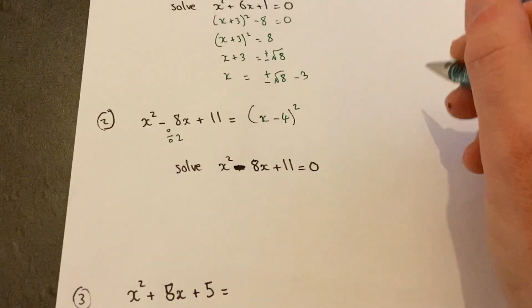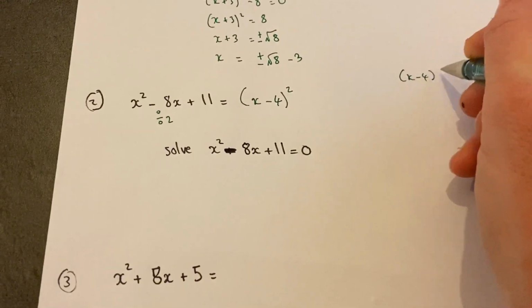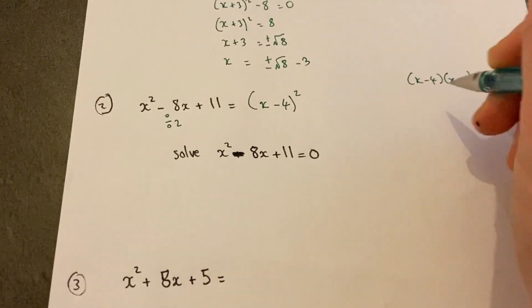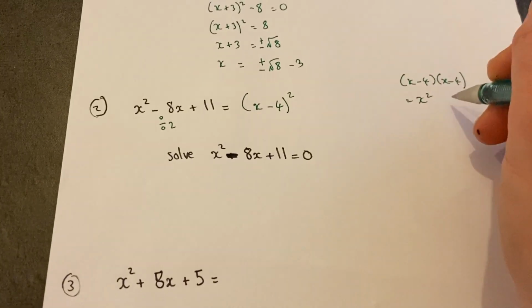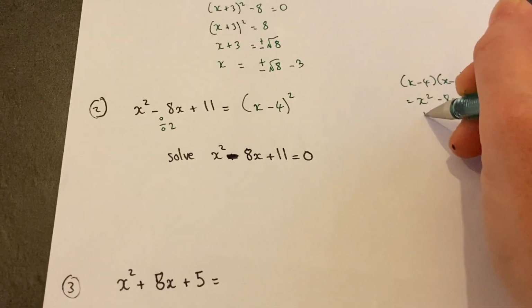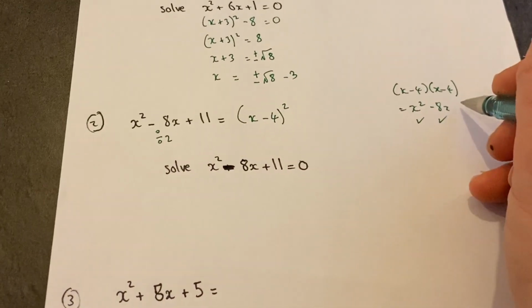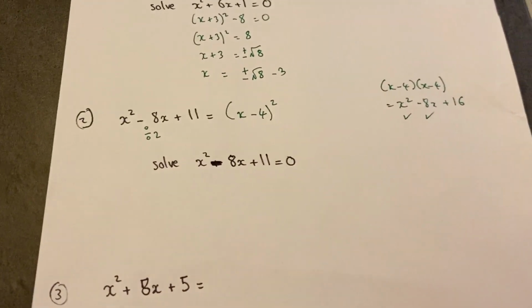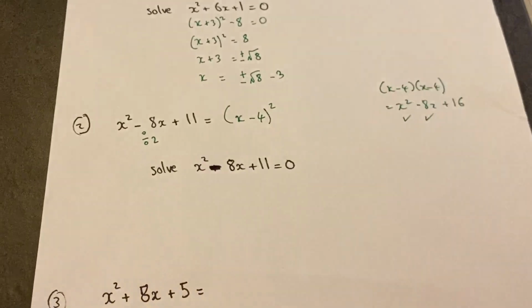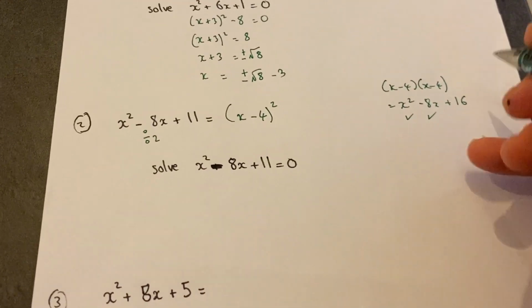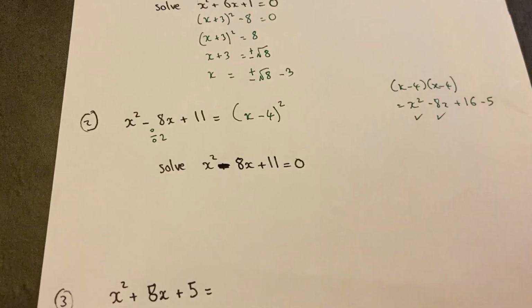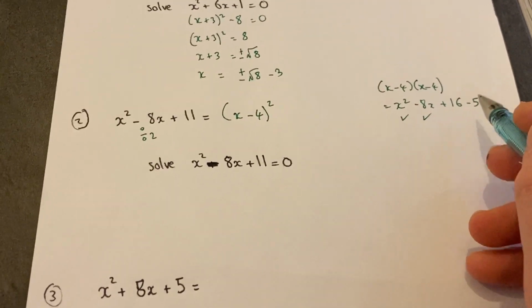But again, if I were to expand x minus 4, I get an x squared, a minus 8x, so the first two terms are correct. But minus 4 times minus 4 is plus 16. There's an 11 here. So to make the two things equivalent or the same, I must take away a 5, because 16 take away 5 is 11.